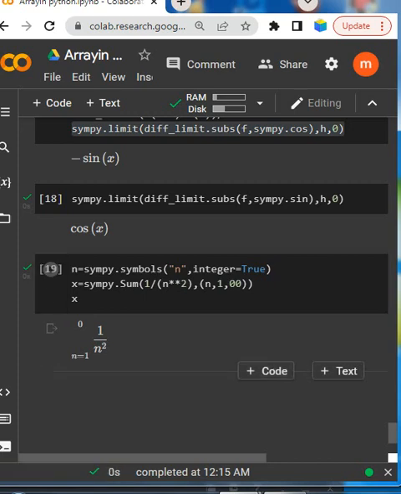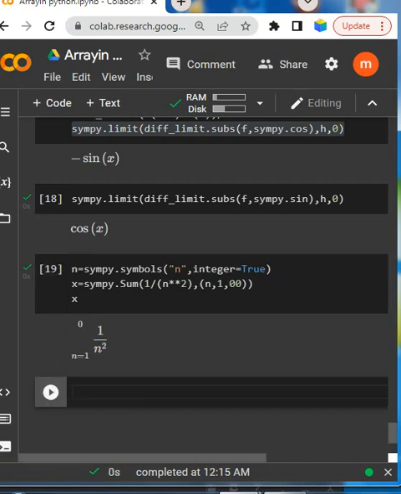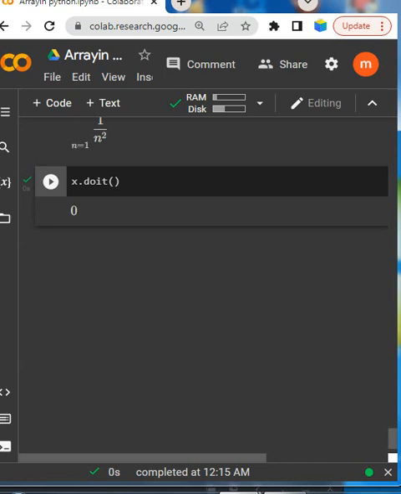Similarly, if you write here x.doit(), as we have already discussed, let's see, we can get the output, x.doit() and something. So this is a way we can do it also.